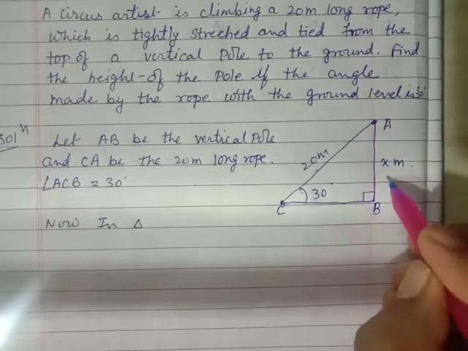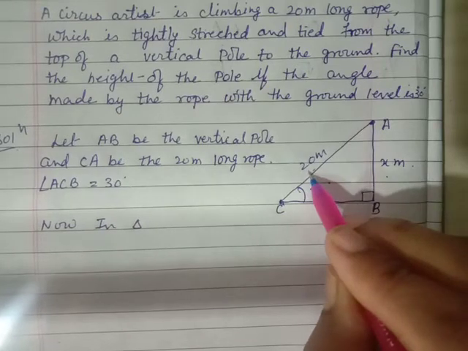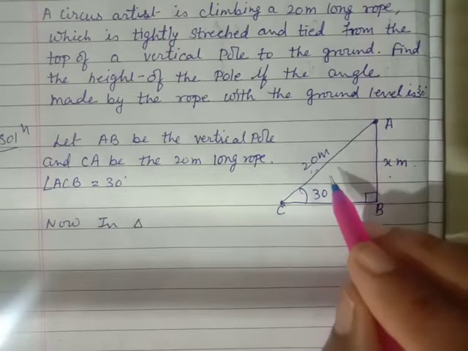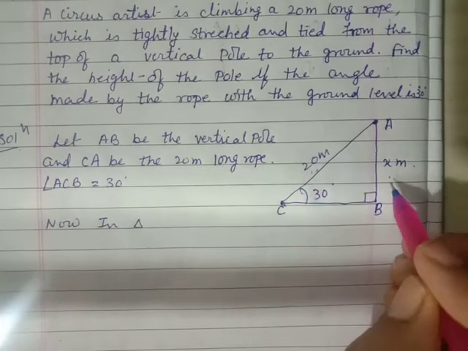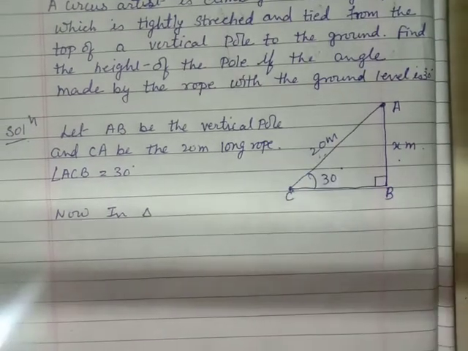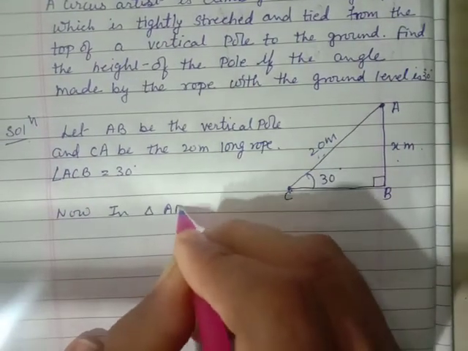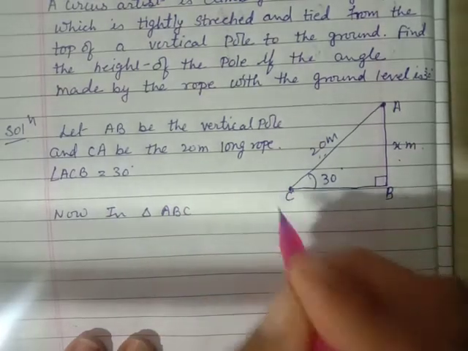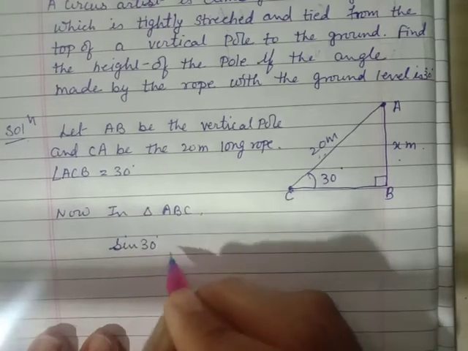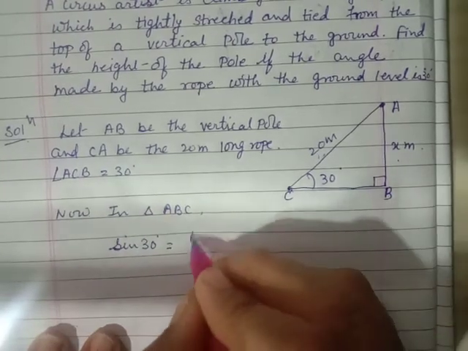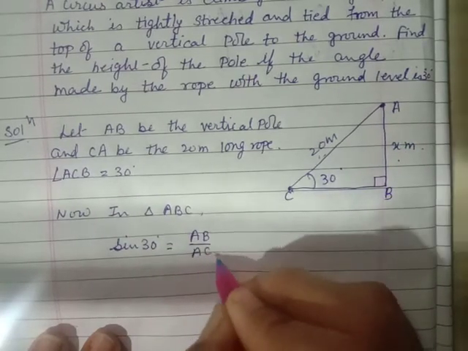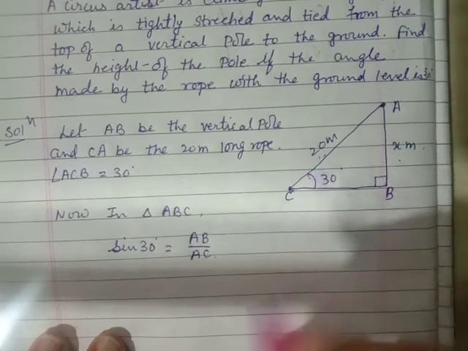See, altitude is there and hypotenuse is there. So which trigonometric ratio will we use here? We'll use sin theta to find AB. Okay, so let us consider in right triangle ABC, sin 30 is equal to AB upon AC, altitude upon hypotenuse.